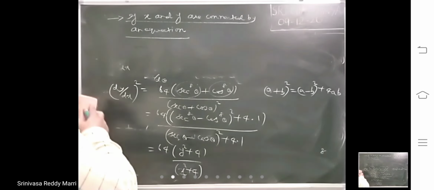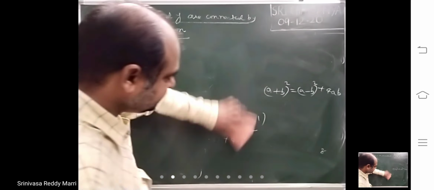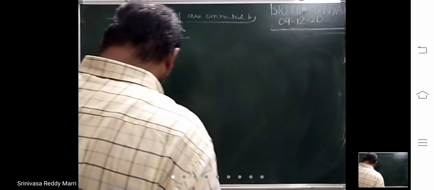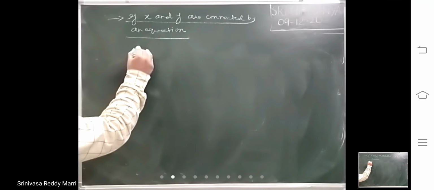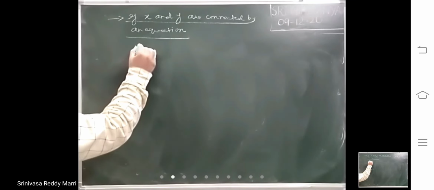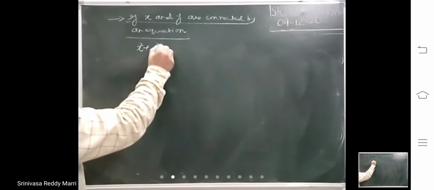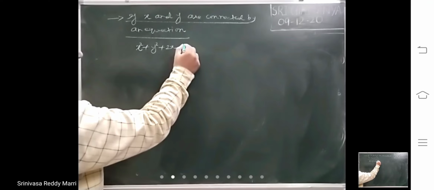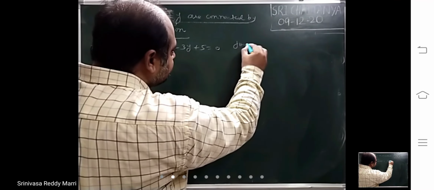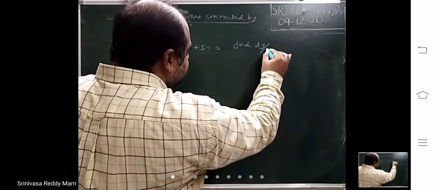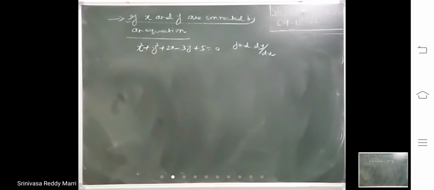Suppose the equation takes some simple form, x square plus y square. Suppose an equation is given, an equation will be given to you. Find dy by dx.